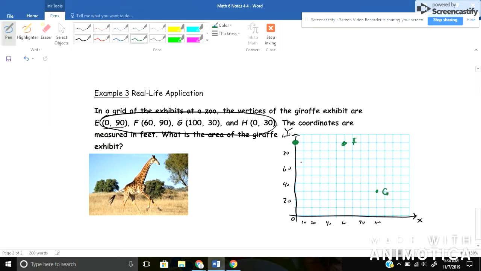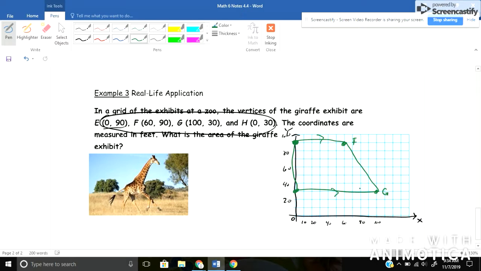And lastly, 0, 30, so over 0, up 30. Oops, this one disappeared. This one was 100, 30. So then I can draw my shape. Looks like I have a trapezoid here. Looks like these two sides are parallel.